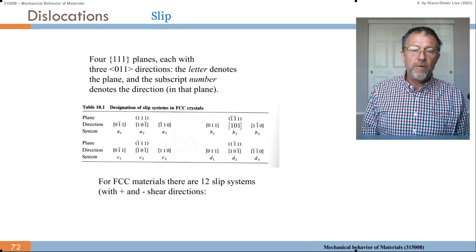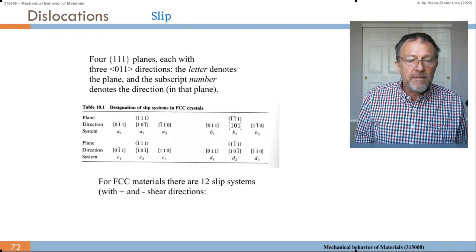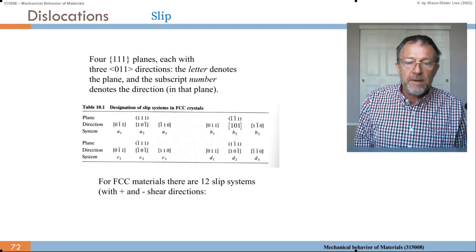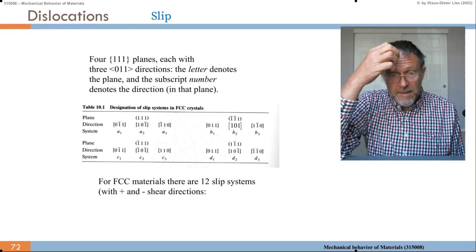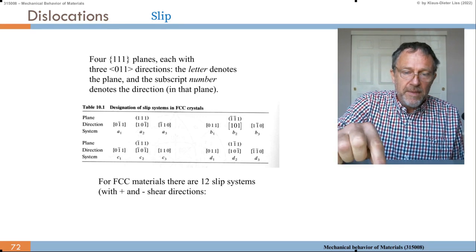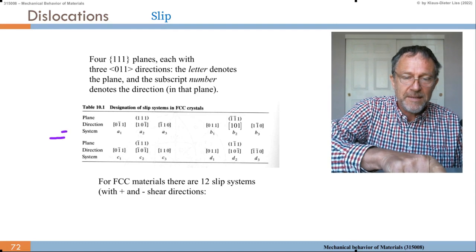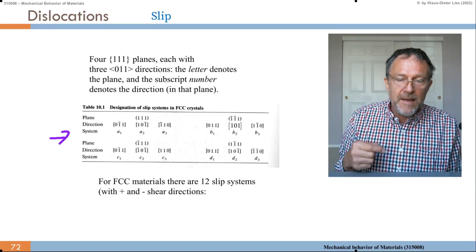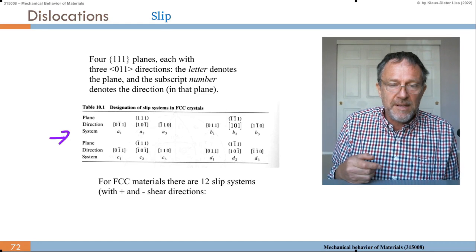Also, we have 4 {111} planes, and each of the planes has the 3 <011> directions. And now we can say the directions and the planes we designate with A, B, C, D for the planes and 1, 2, 3 for the 3 directions.